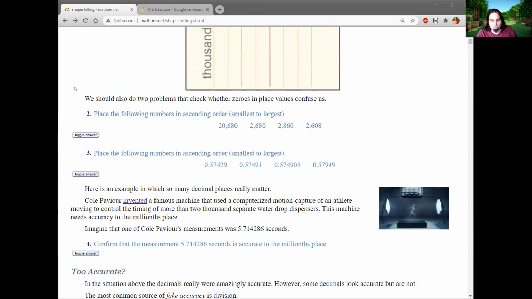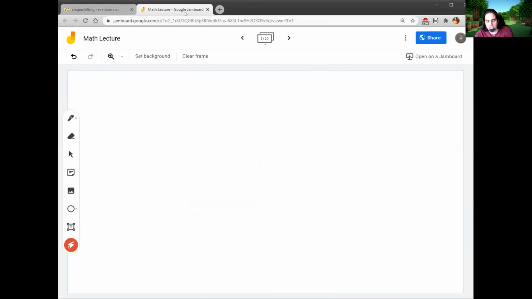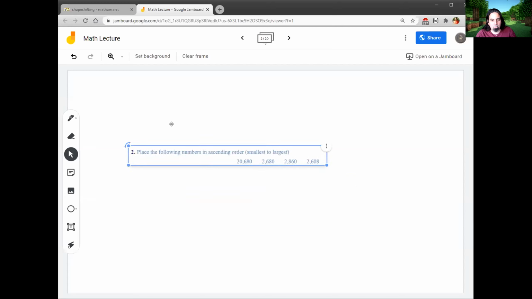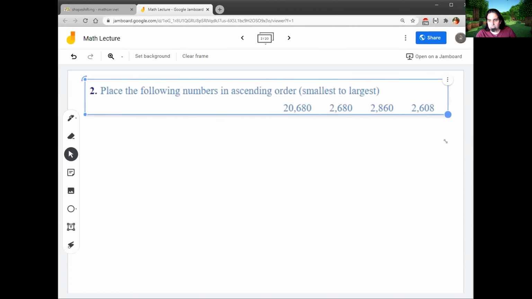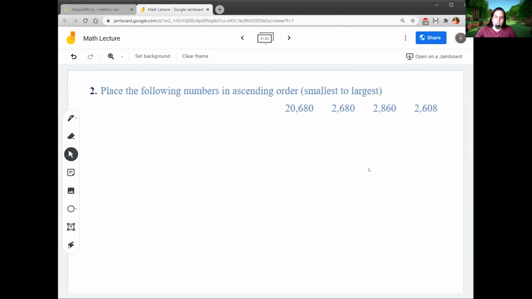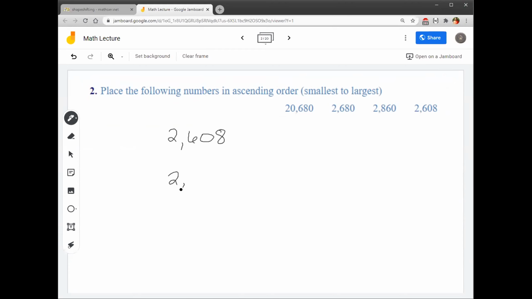Okay. Once you think about place value, the next task is to put things in order. So which of these is smallest of these 4 numbers? 2,608. Yeah. And then after that, somebody else call it out. 2,680.